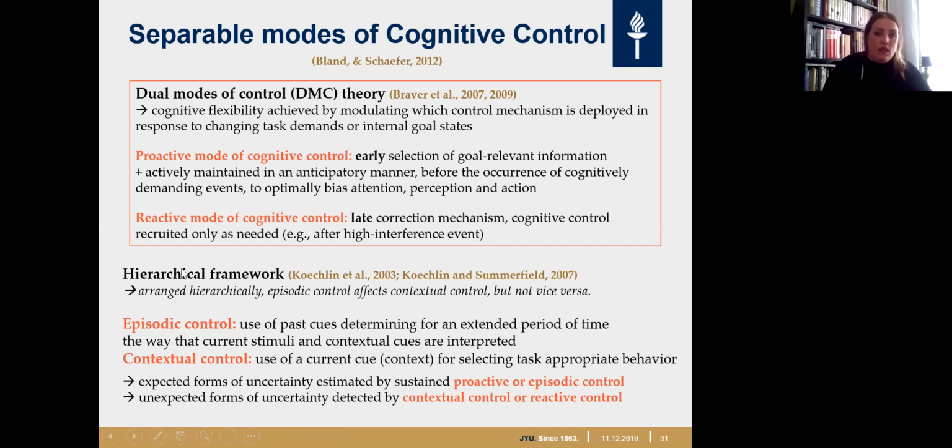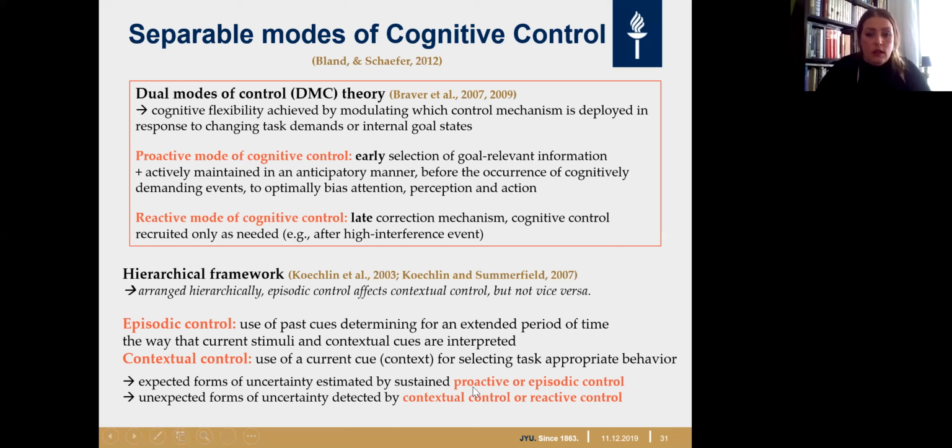So we have more understandability of how cognitive control can be applied and happens in decision making if we divide it into these different kinds of modes. Because the expected forms of uncertainty are estimated and sustained by this proactive, early mode, and with the episodic control.